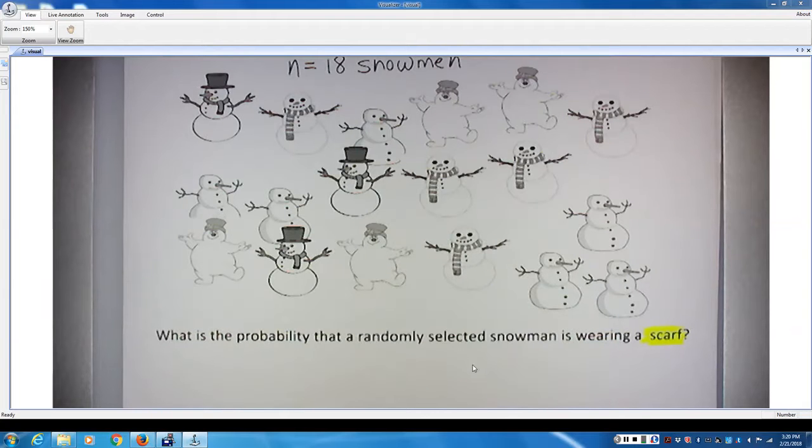And it's saying what is the probability that we randomly select a snowman, and that snowman is wearing a scarf. So rather than using letters for everything, I just go ahead and write out the word. Probability that the snowman's wearing a scarf, P of scarf. And in order to find that out, the first thing I'm going to do is count all the snowmen that have scarves.